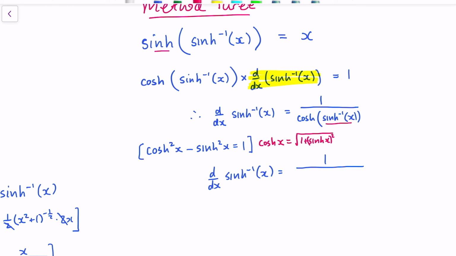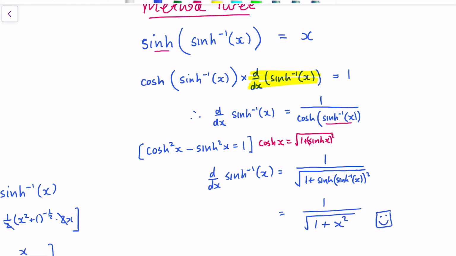So wherever there's an x, I'm going to write sinh inverse of x. So I've got root 1 plus sinh of sinh inverse squared. And sinh of sinh inverse is x, so I get 1 over root 1 plus x squared.